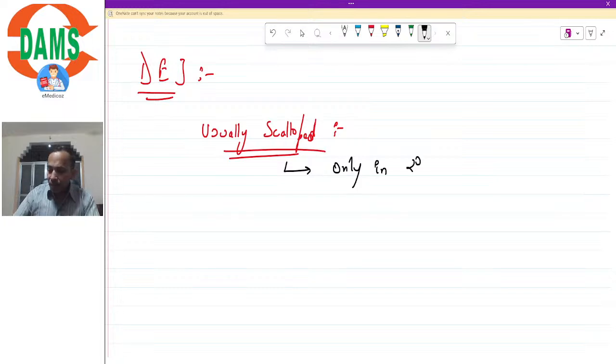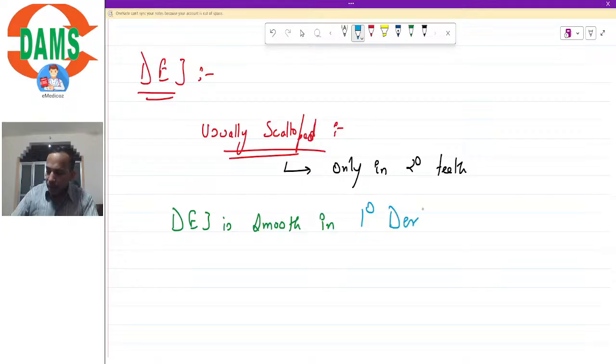It is scalloped only in permanent dentition, whereas the DEJ is smooth in primary dentition, right?